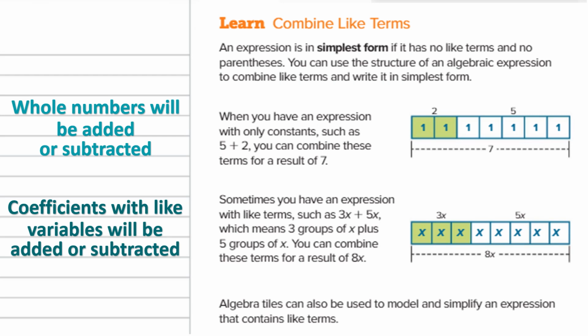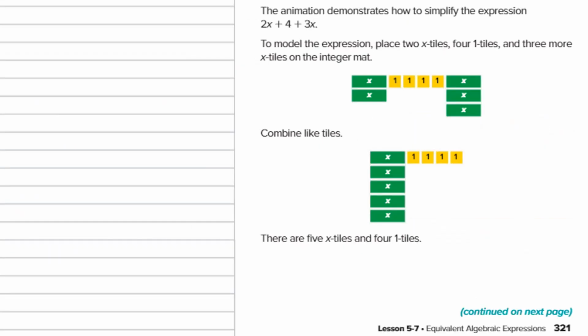So notice the examples they give you. If I have 5 plus 2, well, 5 plus 2 just gives me 7. If I have 3x plus 5x, those are coefficients with the same variable. Their variable is x for both of them, so I can add my coefficients together. 3 plus 5 is 8, and just have the x behind it.